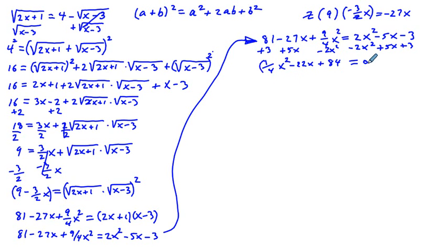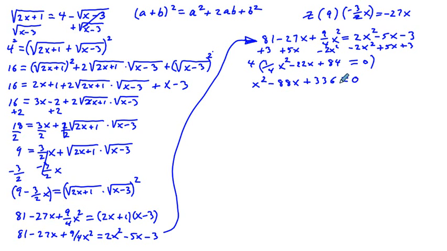What I'm going to do is multiply this whole equation by 4, and what we get now is 1/4 of 4 is 1, so we're going to get x squared, and then 4 times negative 22x is going to be negative 88x, and then 4 times 84 is going to be, what is that, 336. And that's going to be equal to 0.